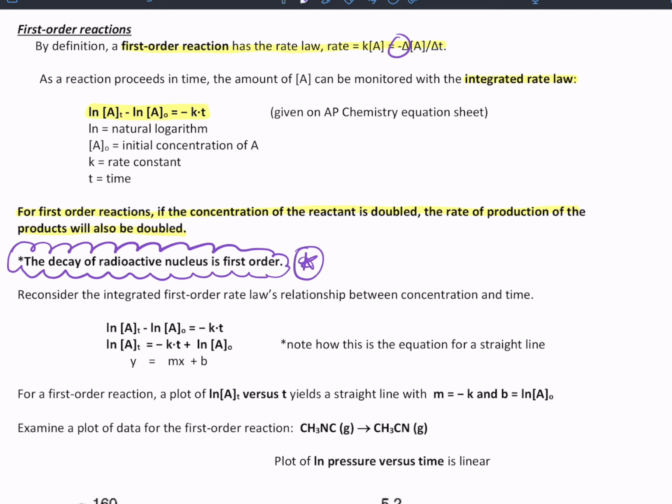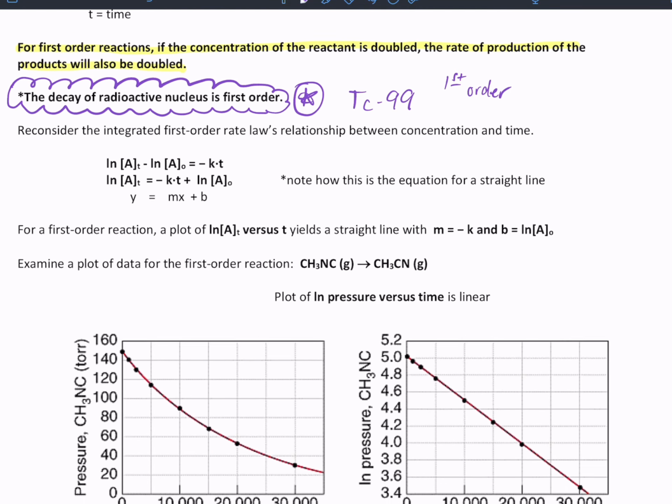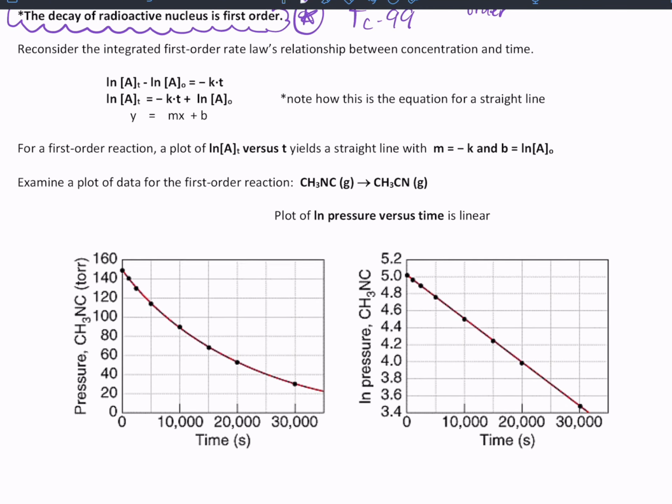You're going to see this in one of your practice problems, where you're told about, I think it's technetium-99, where you are just told that it's the decay, and we want to know that that is, again, first order.